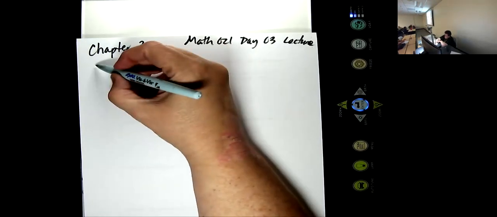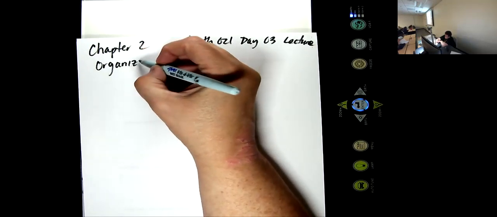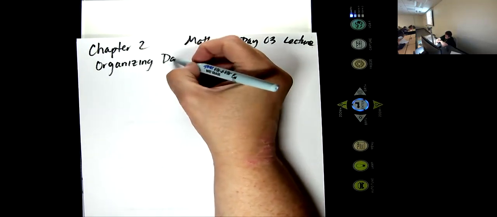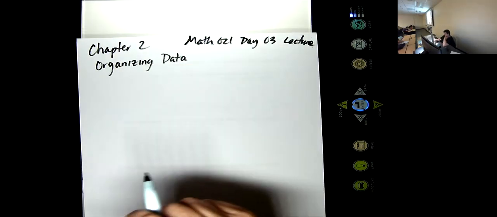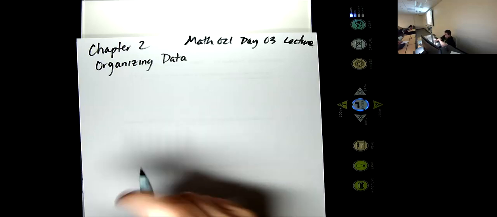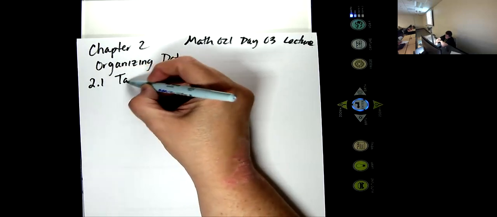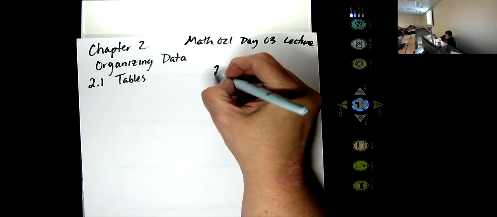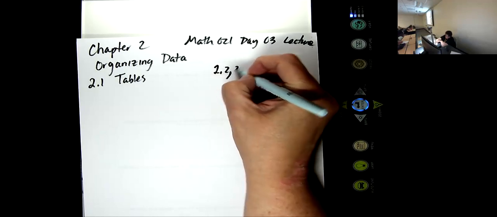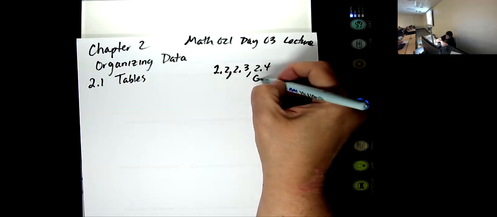So chapter 2 is on organizing data. 2.1, we're going to do tables. And then 2.2, 2.3, and 2.4 has graphing in it.